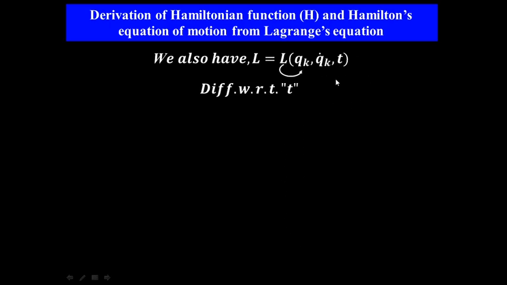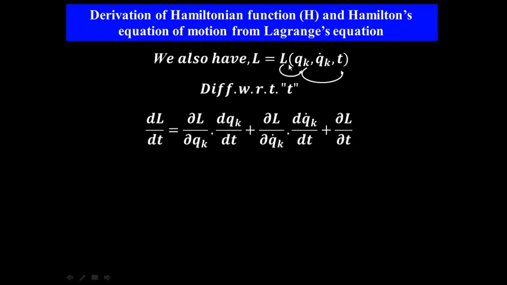So by applying the chain rule, first we partially differentiate L with respect to qk, that is del L by del qk, then qk with respect to t, dqk by dt, again L with respect to qk dot, then qk dot with respect to t.